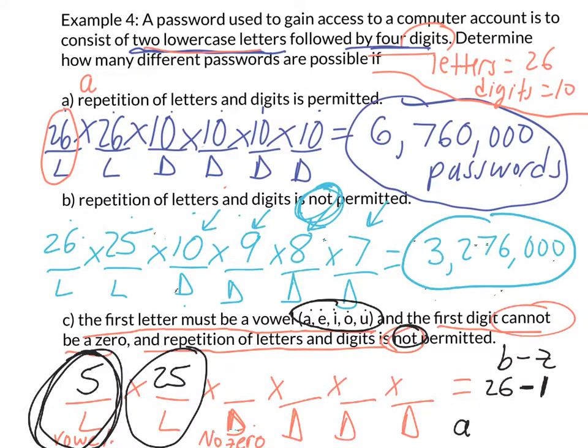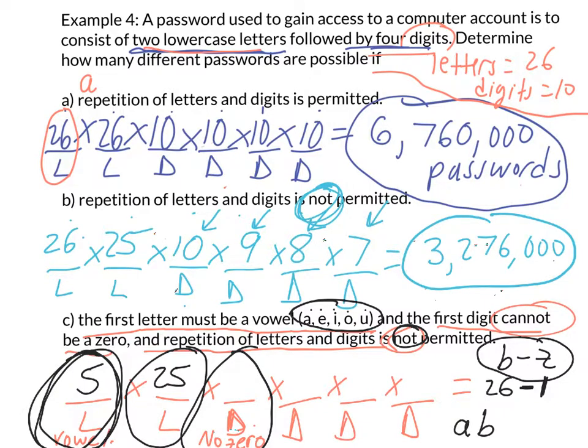When I move to the second spot, I'm not allowed to use A ever again for my password, so I'm down to B through Z, which is 25 letters remaining. So I'm going to pretend I chose B in the second spot. Now, as I look at the first digit, it can be anything as long as it's not 0.